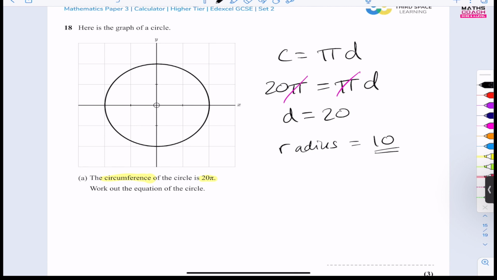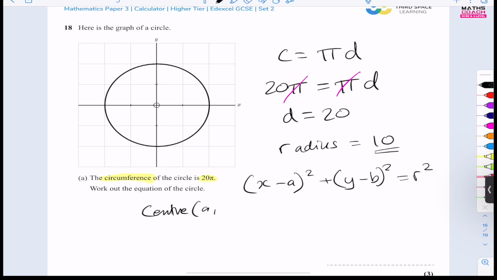Now, what do we know about the equation of a circle? It's in the form (x minus a) squared plus (y minus b) squared equals r squared. The a and the b are the center of the circle. So the center of the circle is our a and b. So our center is right here at the origin, 0, 0.